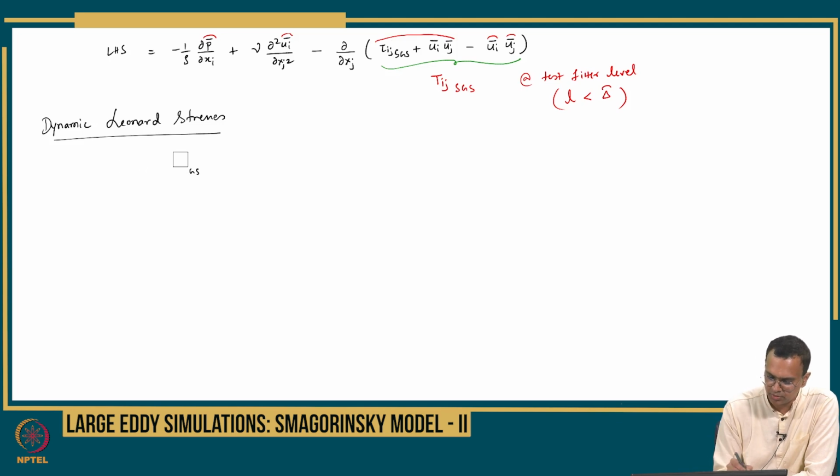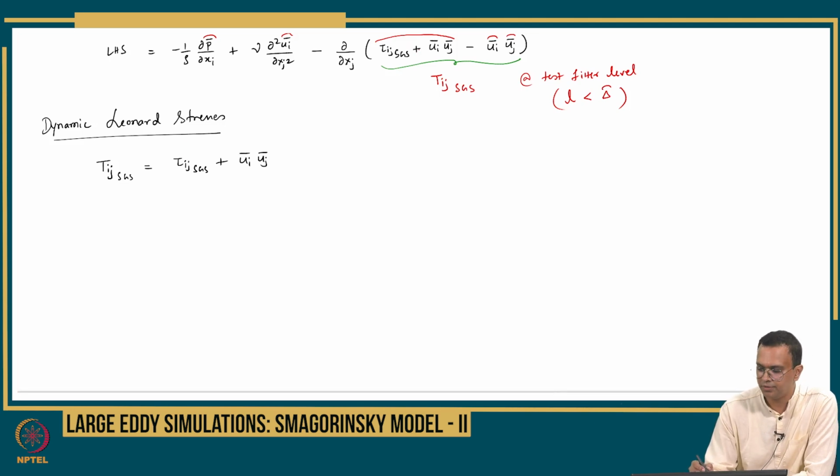Before I introduce this, I can simplify this saying that the Tij SGS we have got is nothing but tau ij SGS plus UI filter, UJ filter, and then there is a test filtering operation. Now test filtering, or any filtering, and addition commute, so I can do test filtering of this plus test filtering of this, okay, and then I have minus UI grid filtered, UJ grid filtered, and then of course a test filtering operation.